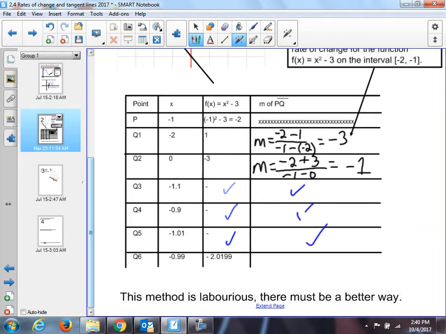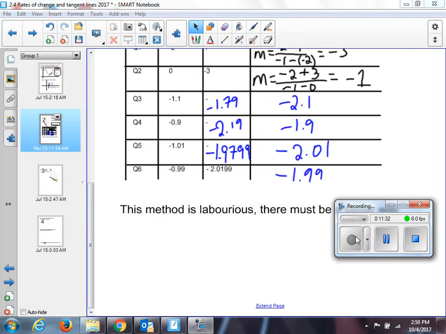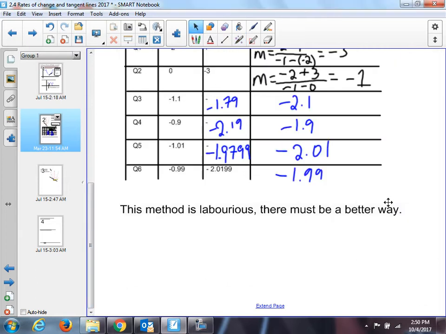I'm going to pause the video, but I'll let you do this. After doing some calculations, you arrive at the conclusion, looking at the trend, probably -2. The slope of the tangent line is -2. Seems logical.